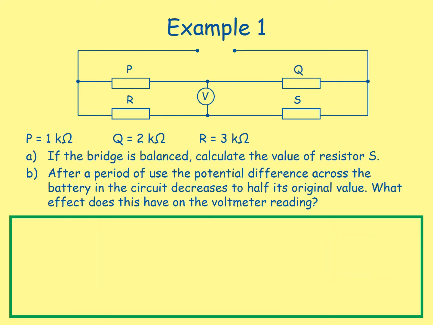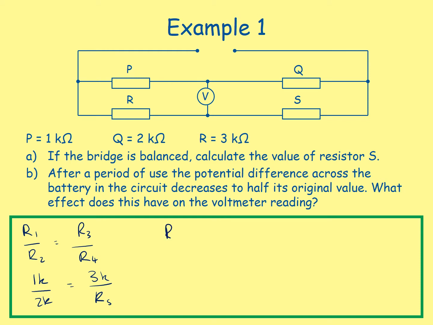Example 1. A. If the bridge is balanced, calculate the value of resistor S. We want to use our equation to do this. R1 over R2 equals R3 over R4. We have been given 3 values up here, 1 kiloohm, 2 kiloohms, and 3 kiloohms. So substituting those into our equation, we get 1 kiloohm over 2 kiloohms equals 3 kiloohms over RS.